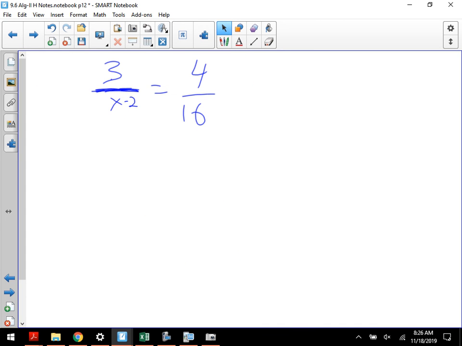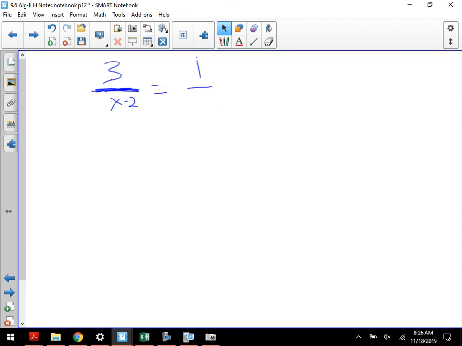Whenever it is a straightforward fraction equal fraction, nothing else tacked on, no addition, no subtraction, that's when you cross multiply. You guys remember that? This is a method you've done before. So what I would do right away is, I see 4 and 16, I can simplify. 1/4.